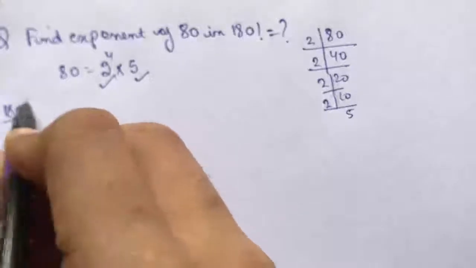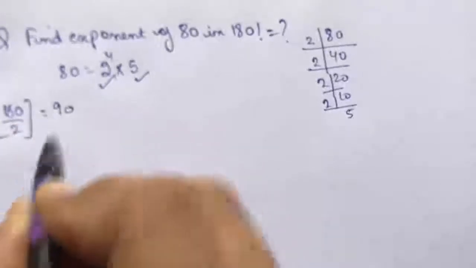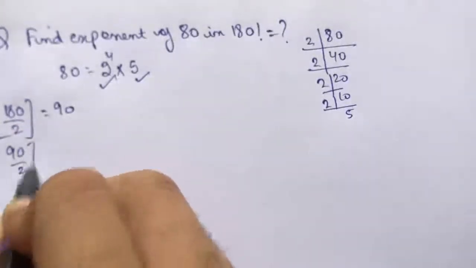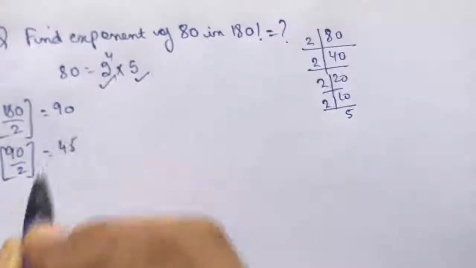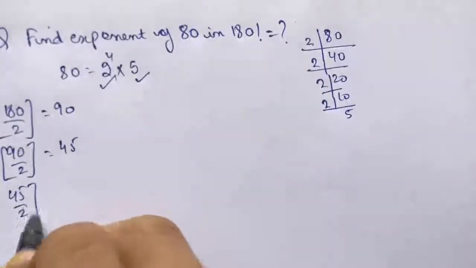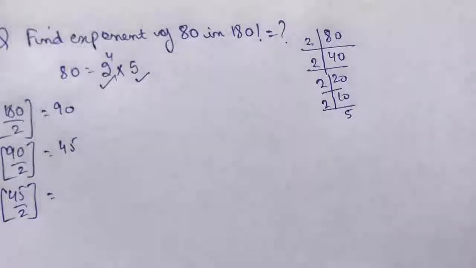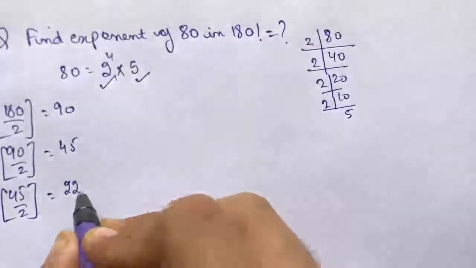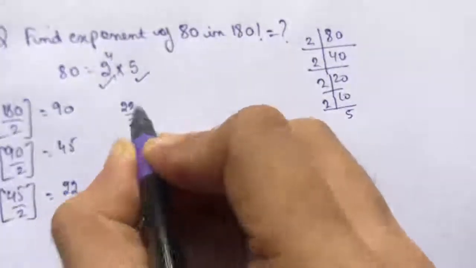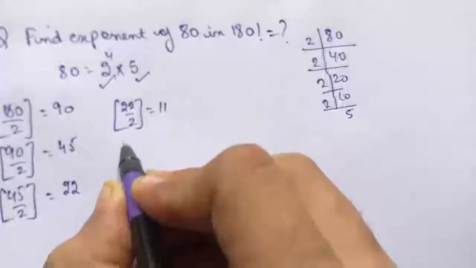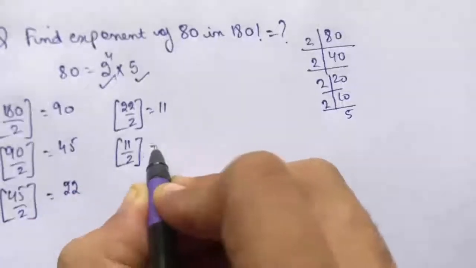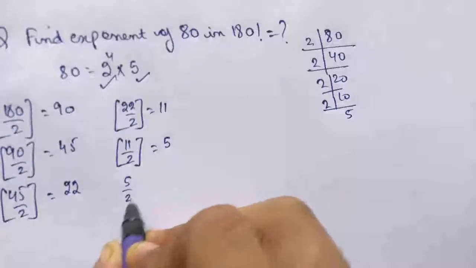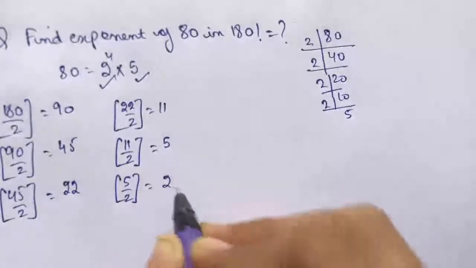So 180 upon 2, its greatest integer is 90. 90 upon 2 gives 45. 45 upon 2 gives 22. 22 upon 2 gives 11. 11 upon 2 gives 5. 5 upon 2 gives 2.